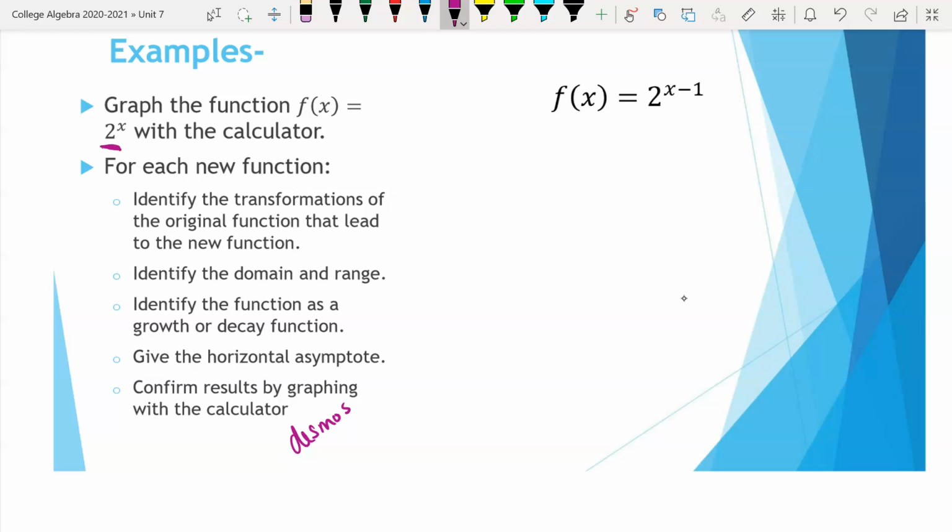So if I had 2 to the x compared to 2 to the x power minus 1, this right here is going to be a horizontal shift, and that's all that we have. This one's going to be a horizontal shift, and it's going to go right 1. So think about what that's going to do to your graph.